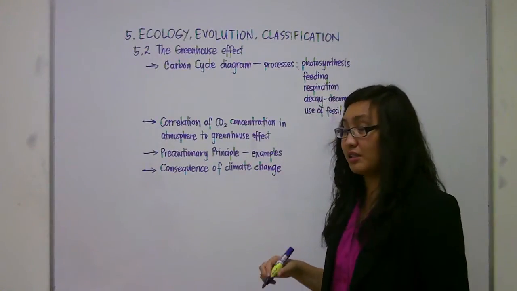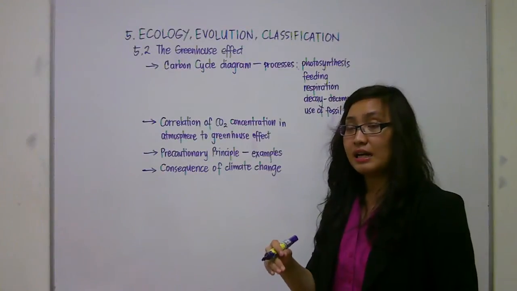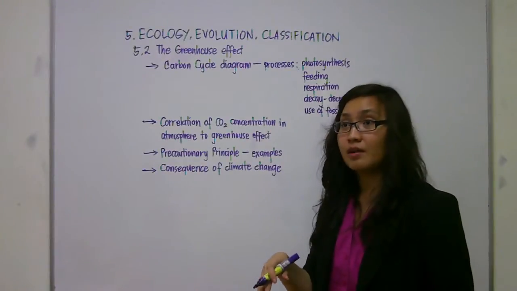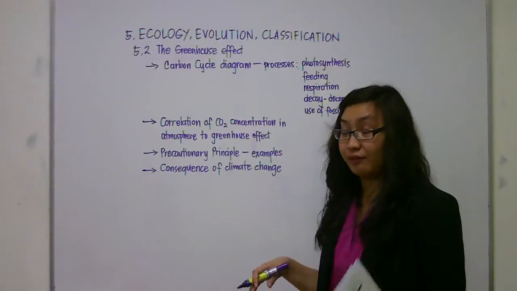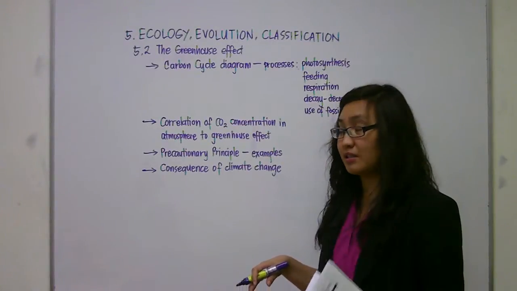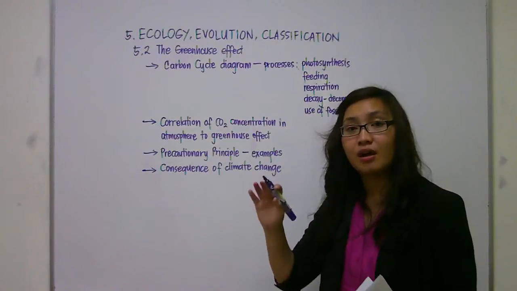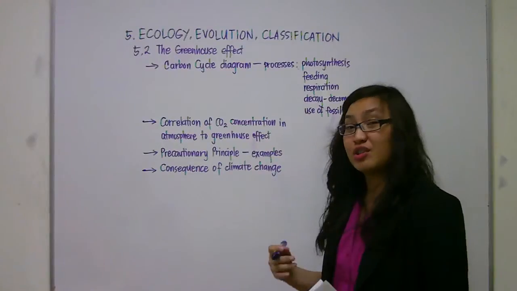Of course, there would be a destruction of the habitat of the living organisms living in that condition. If the polar caps or glaciers are melting because of climate change, then there is an increase in water levels, which can result in flooding.